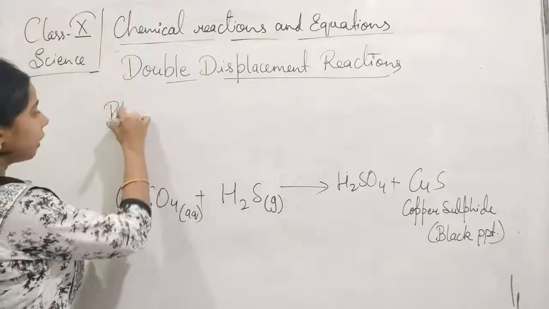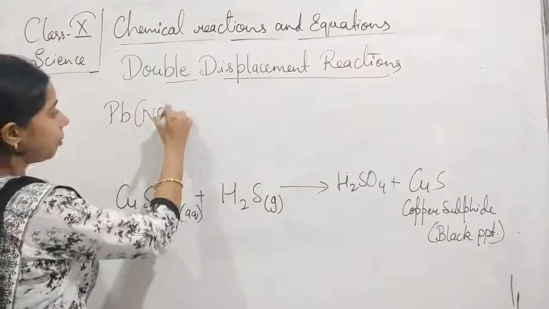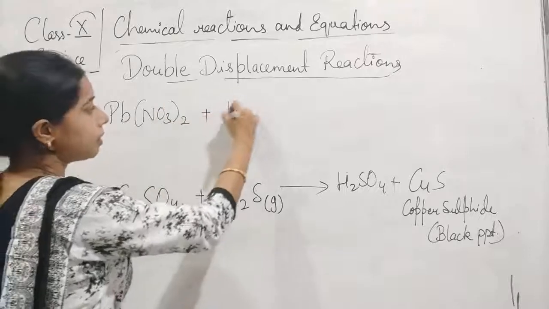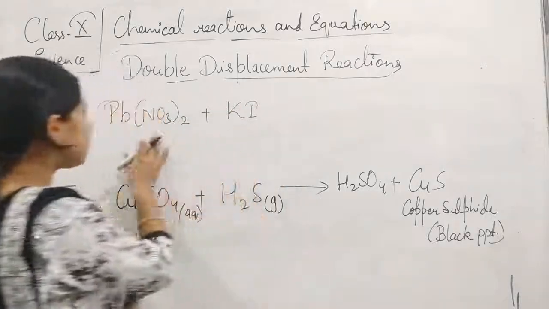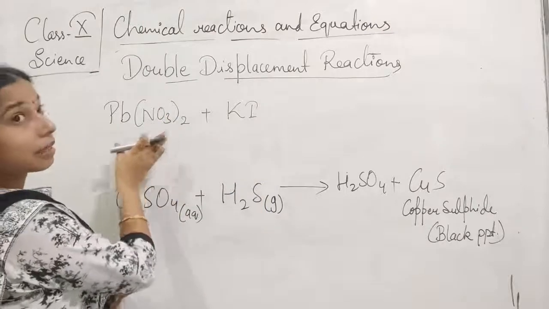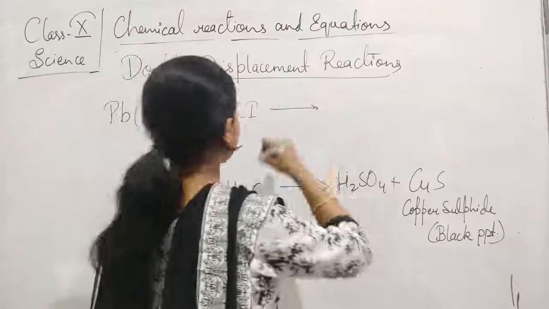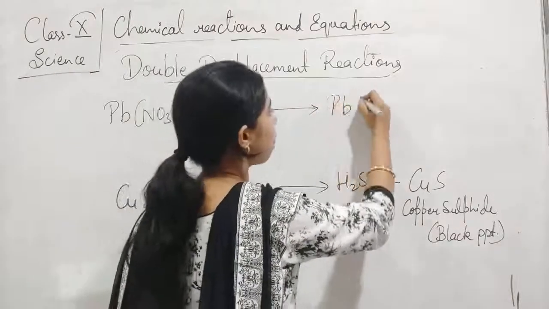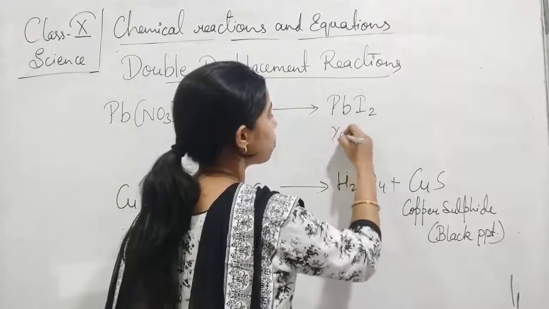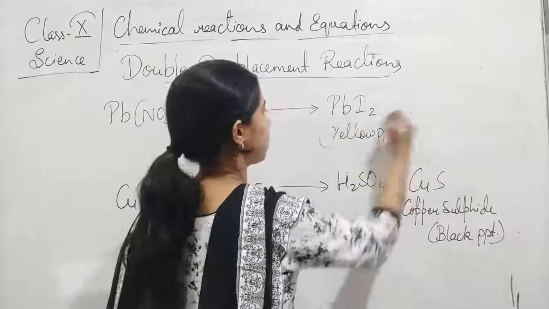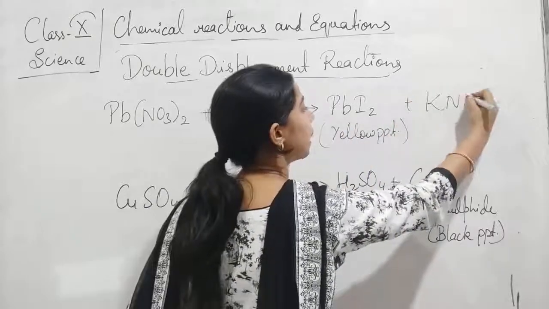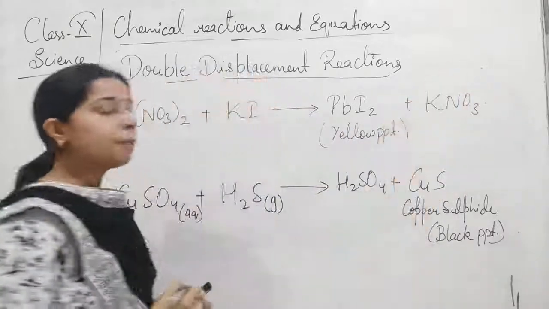So we have taken the lead nitrate, Pb(NO3)2, and when it reacts with the potassium iodide, this time the solution is colorless, then there is a formation of PbI2, which is a yellow precipitate, and potassium nitrate will be formed as a product.